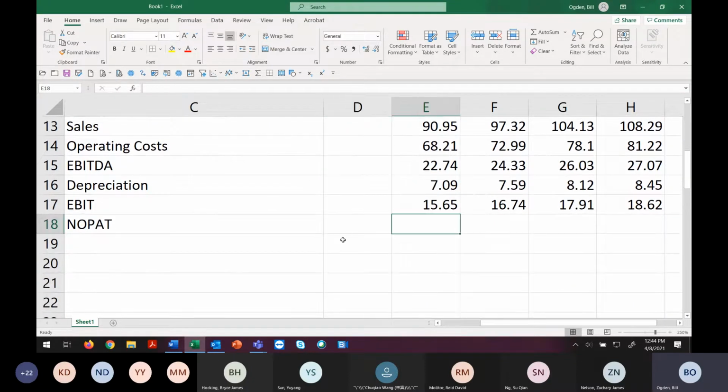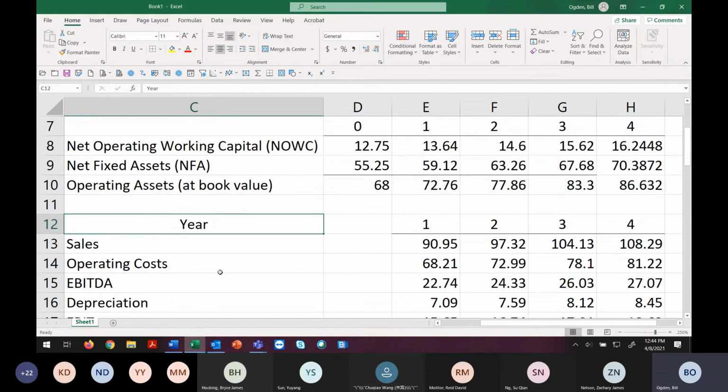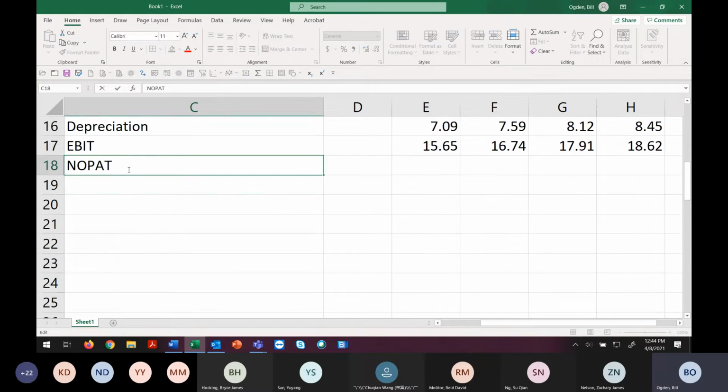All right, so NOPAT. Just if you want to remind yourself how to do it, let's put it on here. There we go.